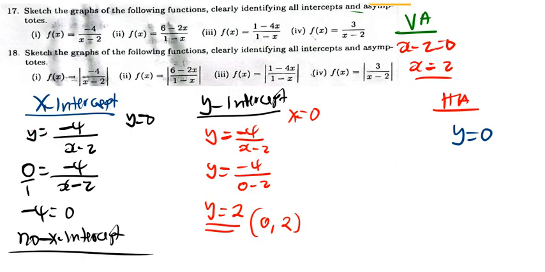I'm going to sketch it from here since I don't have enough space this side. I'll start first. My vertical asymptote is at x equal to 2. Put 2 here.